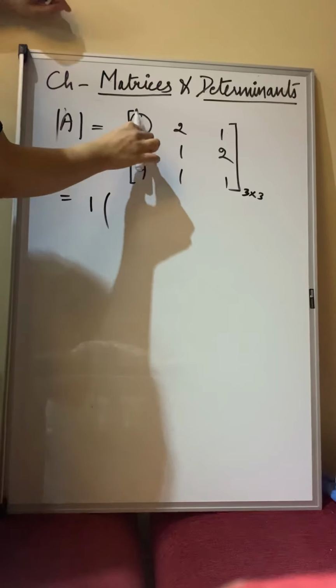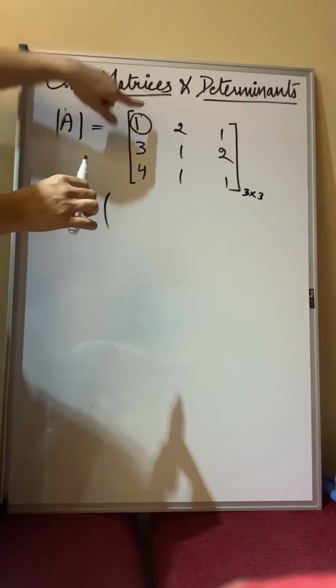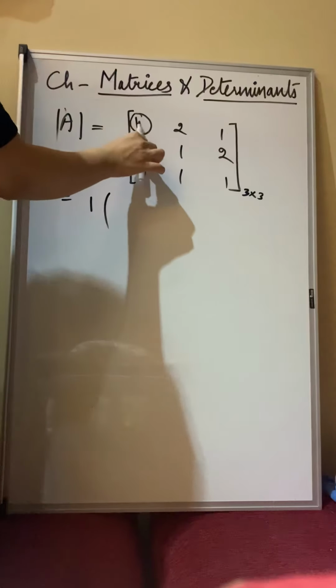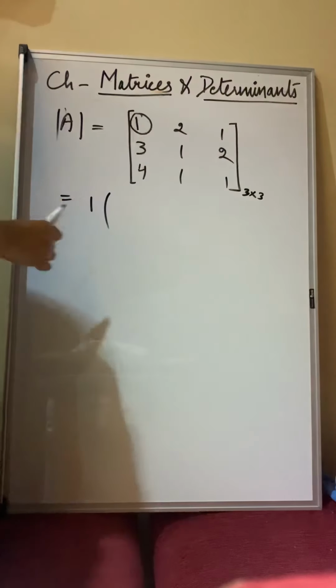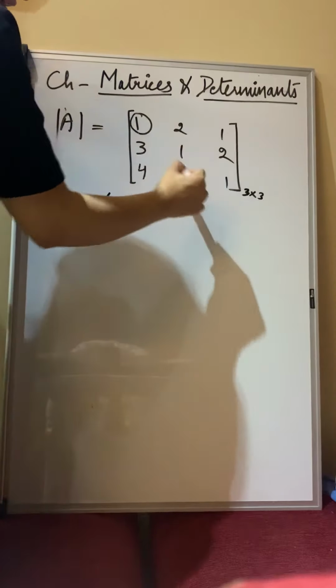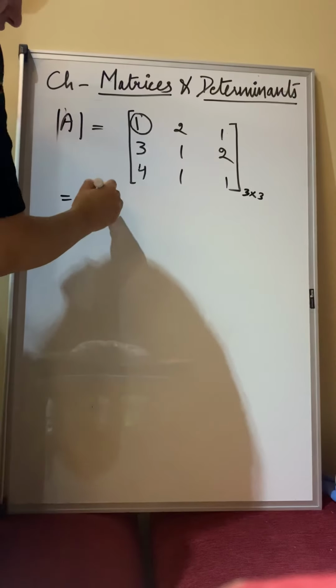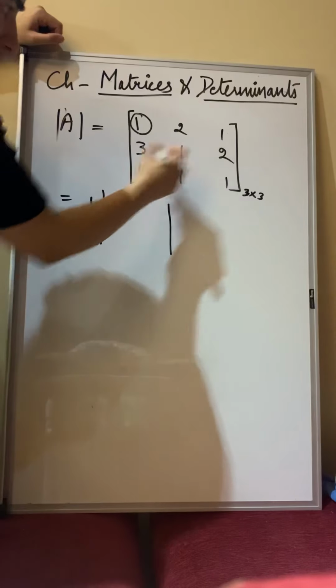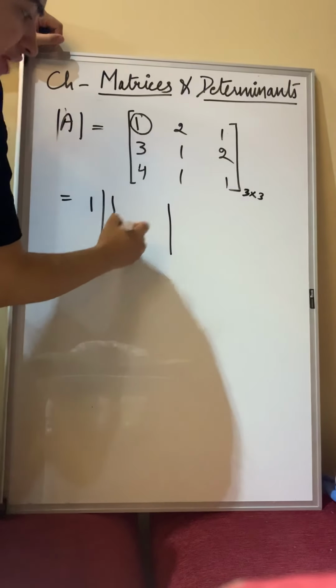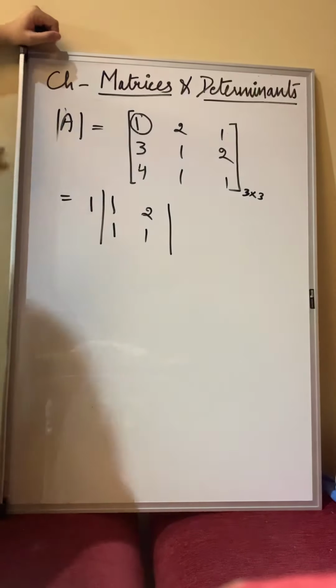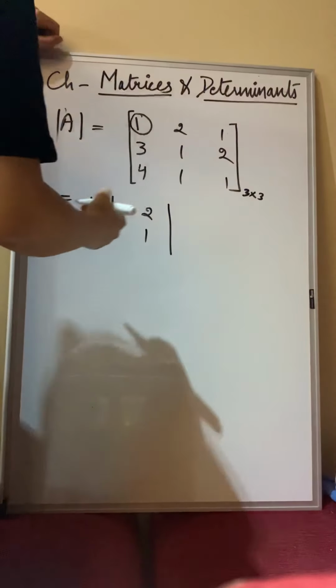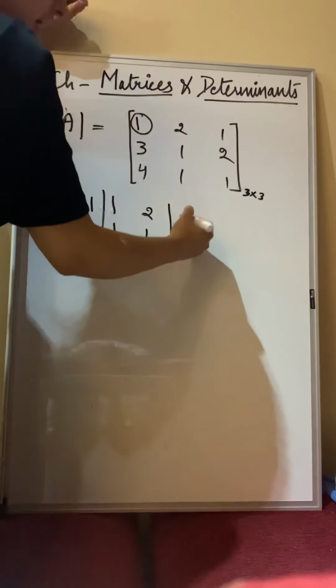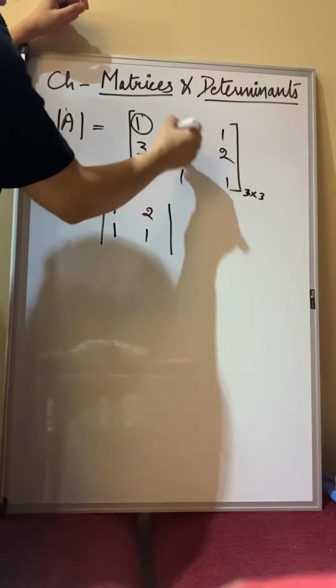Leaving this row and this column, the remaining matrix which is left is 1, 1, 2, 1. Right? Now I will take the next element.